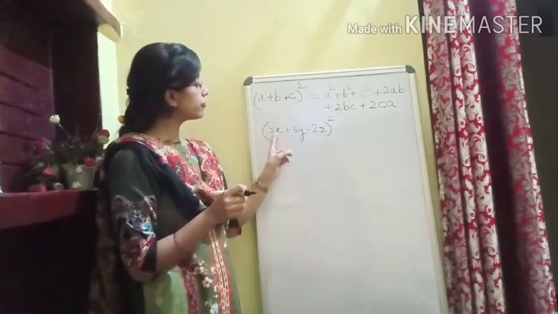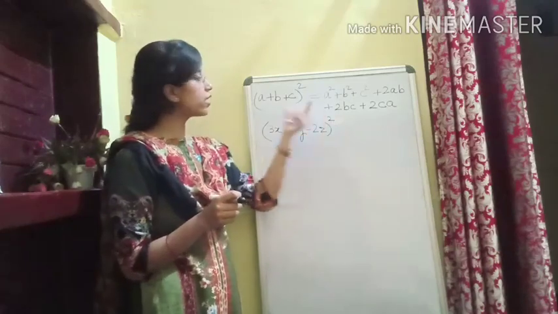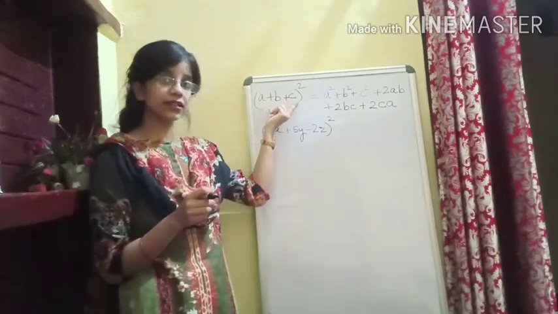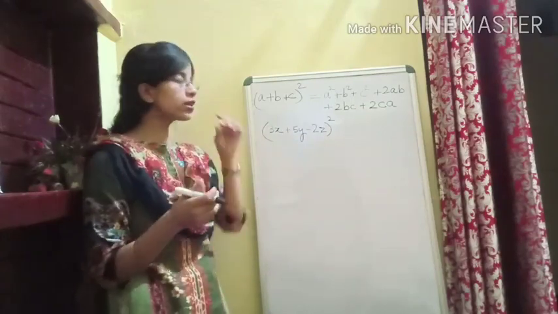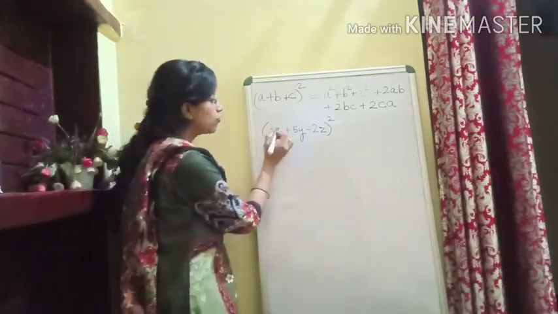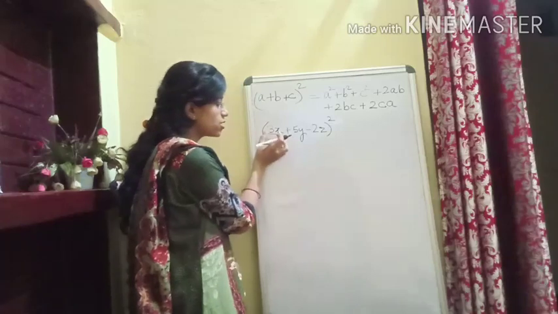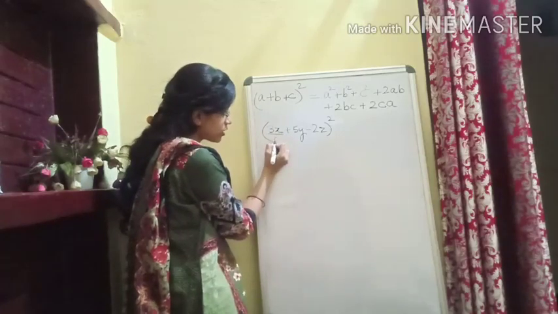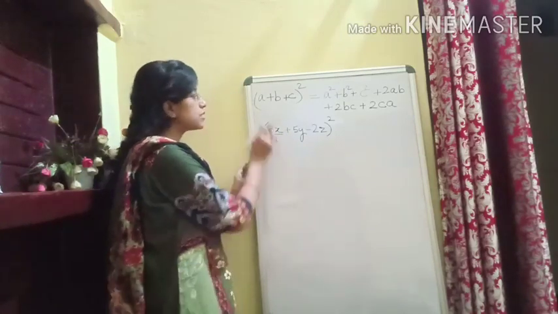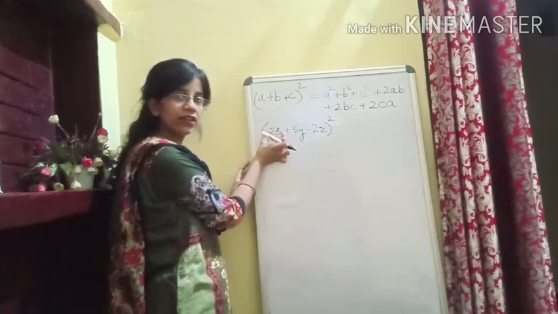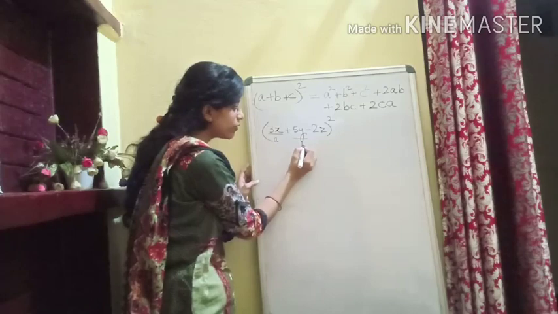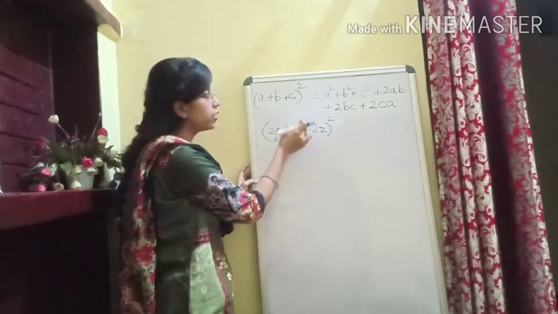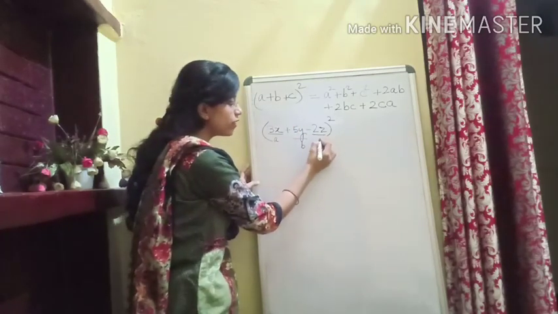If it has three terms and the square, of course we are going to use this identity. According to the identity we are going to expand, but before that let us compare the values. What is at the place of a? 3x. So at the place of a the value given is 3x. Now what is at the place of b given? That is 5y.